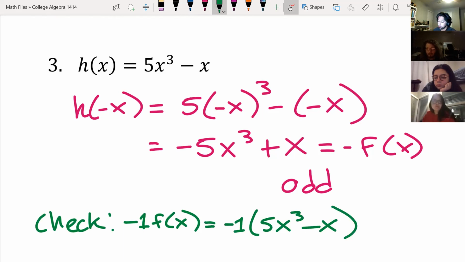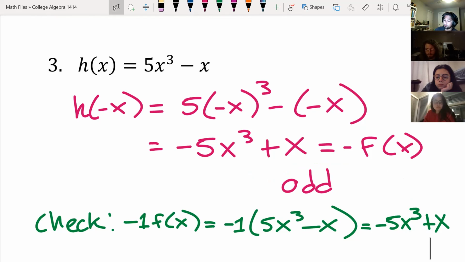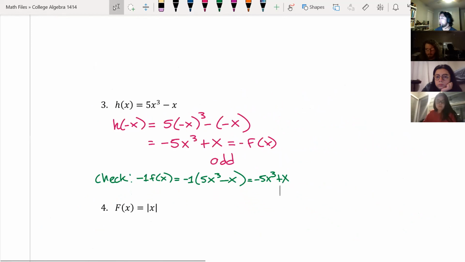Distribute that negative 1, and we'll get negative 5x cubed plus x. Does this look like the answer we got when we plugged in negative x? Yes. Good. So that's one way you could check your work. Okay. All right. Back to the first page.